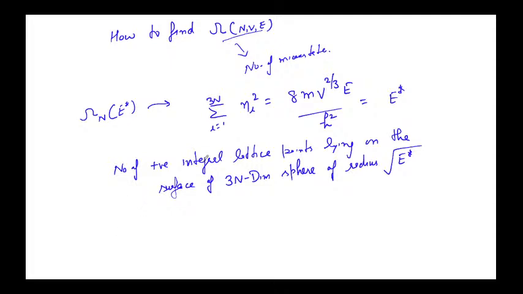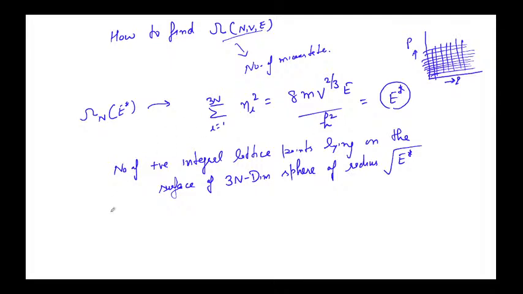As we discussed in phase space, if this side is P and this side is Q, there are small lattice representative points. The value of this E star is something like this, having 3n dimensional lattice points with energy of order E star.